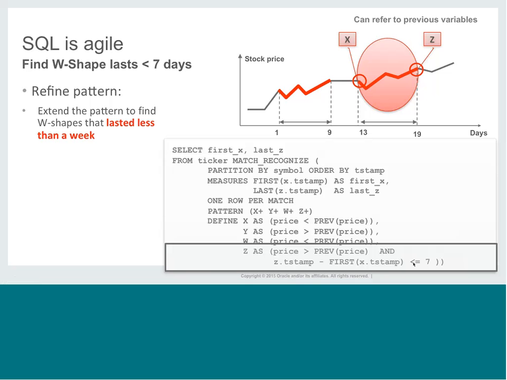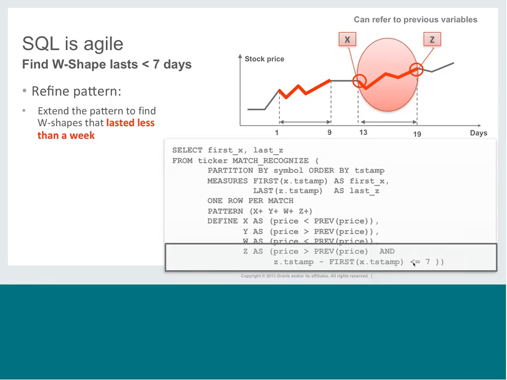That automatically applies another filter to our pattern that allows us to look for a W and then test the length of it and either accept it or reject it, whether it's less than or equal to 7 days. So it's very, very quick to go in and make changes to this.